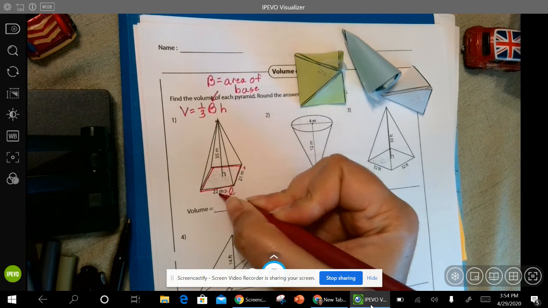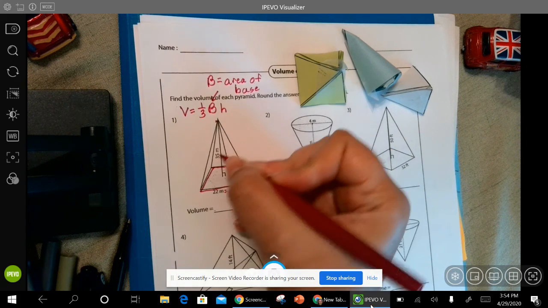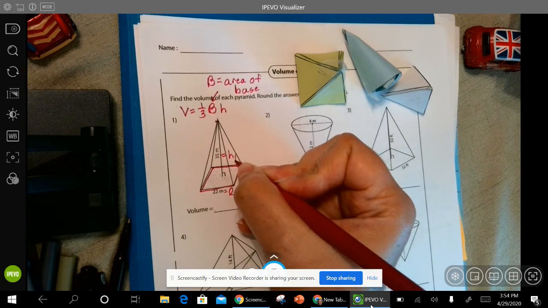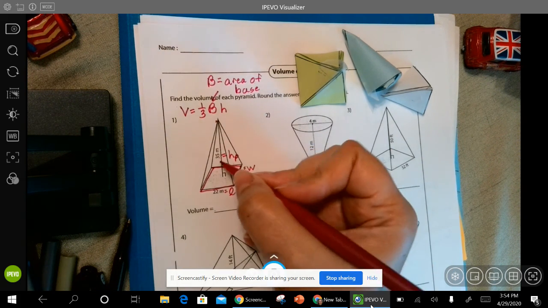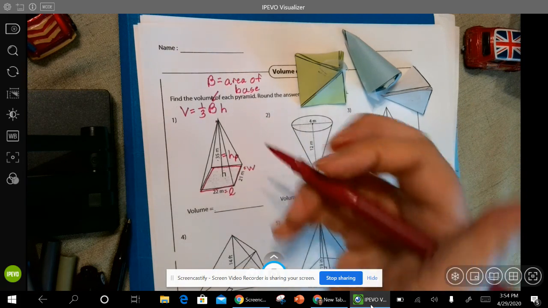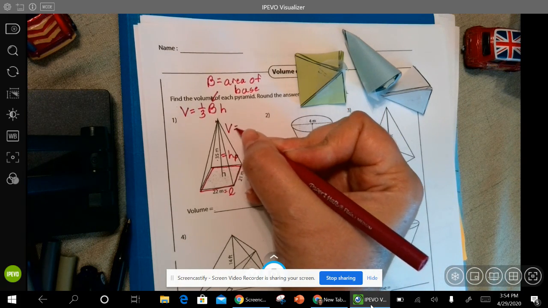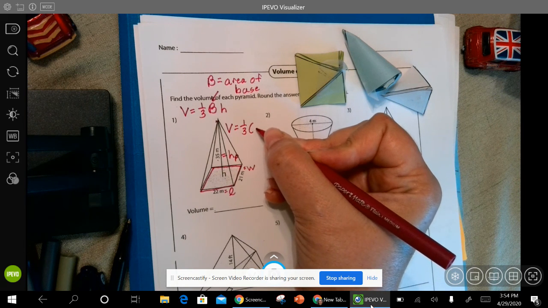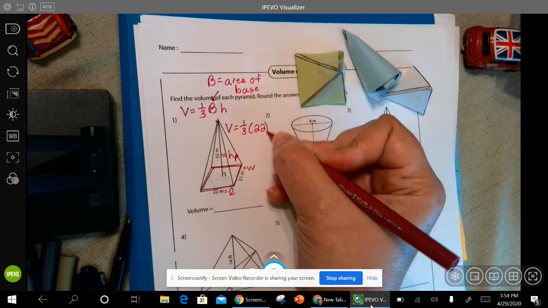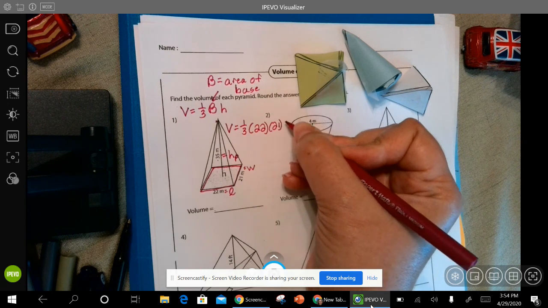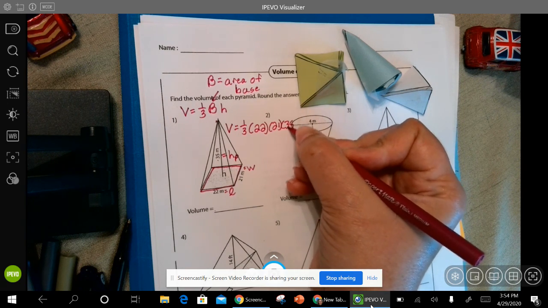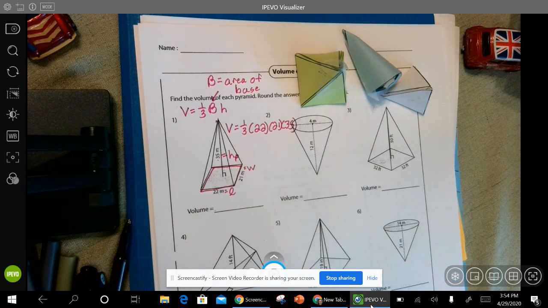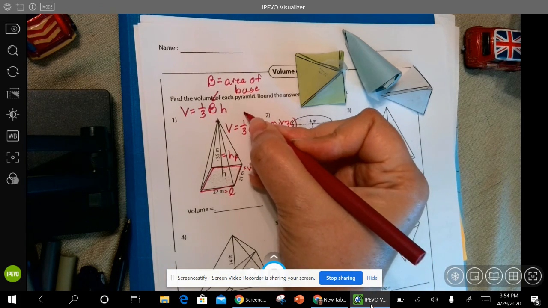So our length is 22, our width is 21, and our height of our pyramid is 35. So we're just going to go volume is equal to 1/3 length times width, so 22 times 21 times our height of 35. So we're going to multiply those all together for 1/3, everybody.